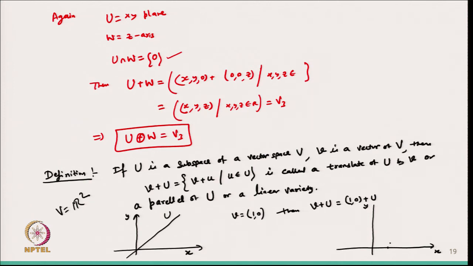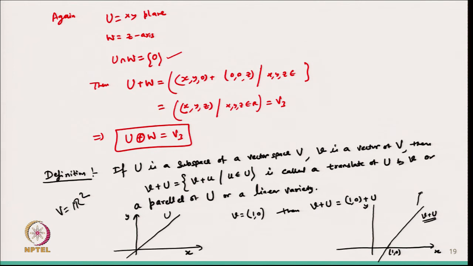So, this line will shift here and will pass from here. Now, from here you can see that this is my translation of U by this point, and this is definitely parallel to this line U.